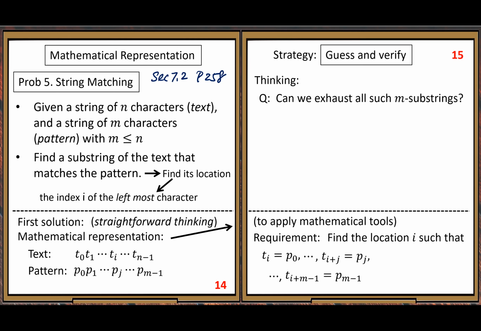To search for all the possible substrings matching the given pattern, we start from the leftmost position. Then every time we shift one position to the right until we reach the last M substring in the given text. That's straightforward. That's the brute force method.